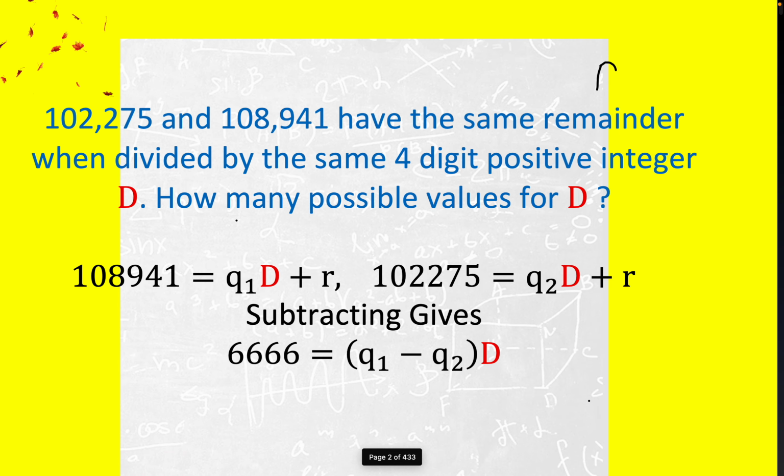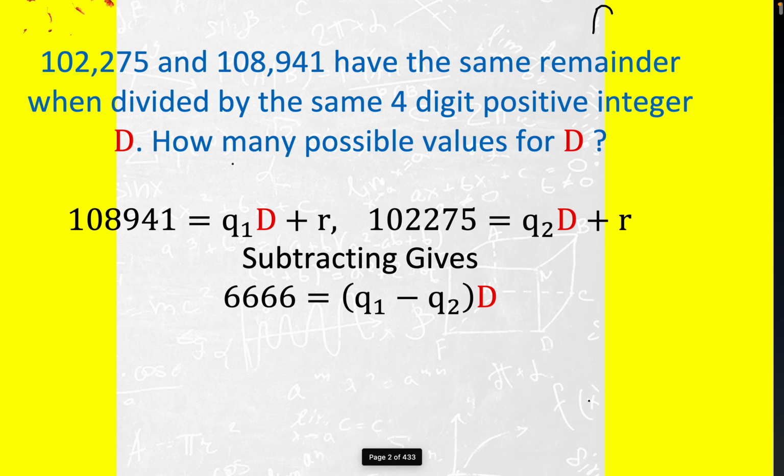Now, it's important here just to know the factorizations of 6666 that produce 4-digit divisors. So let's see what we got. You could multiply the trivial 1 times 6666. That certainly meets the test, so 6666 itself would be one of the possibilities.